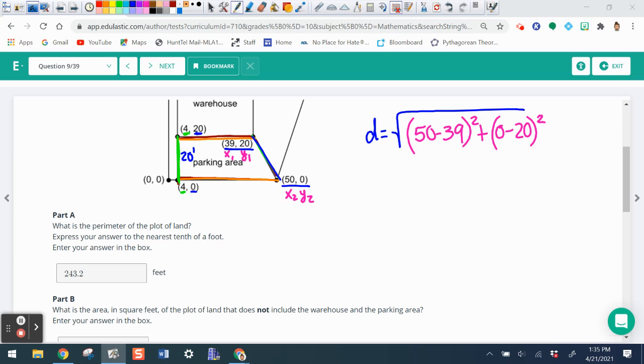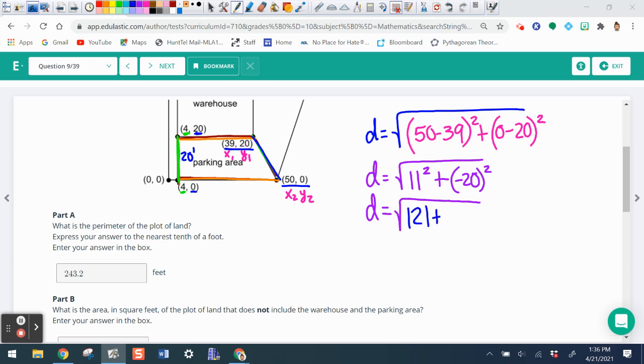Remember, PEMDAS tells us to do parentheses first. So we're going to actually subtract 50 minus 39, which will give us 11, 11 squared, and 0 take away 20, which is negative 20, and we're going to square that. So 11 squared is 121, and negative 20 squared, which again is negative 20 times negative 20, would be a positive 400.